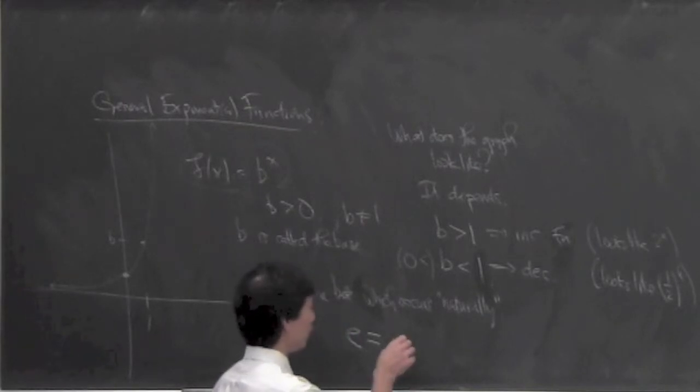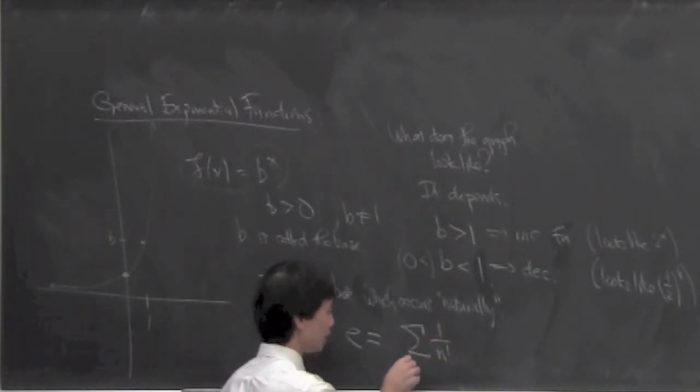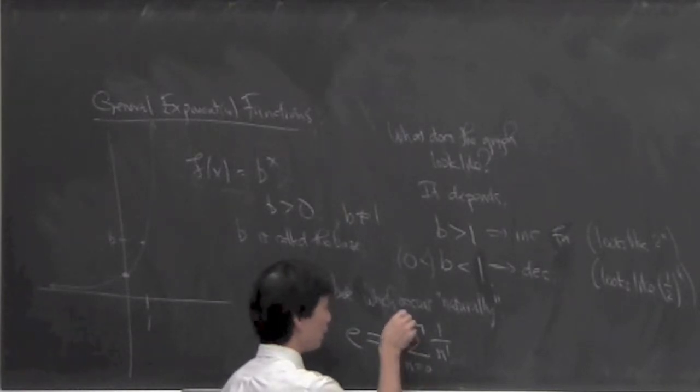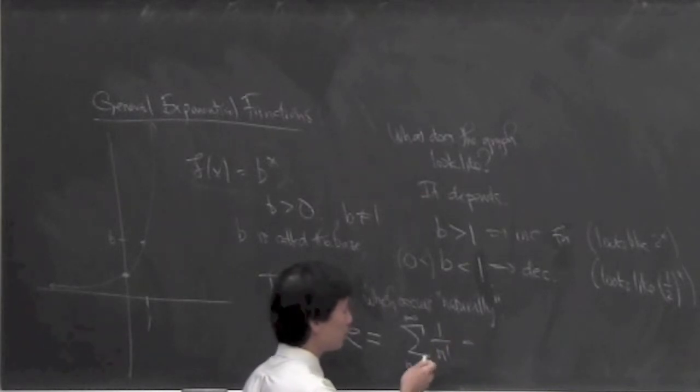it's a number, sort of a peculiar number. One way you can get it is by taking an infinite sum. You could take the sum of 1 over n factorial as n goes from 0 to infinity.